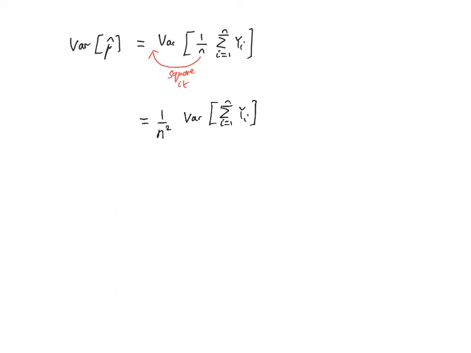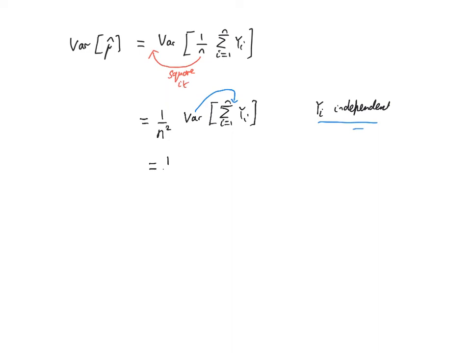And because the yi's are independent, we can pass the variance through the sum. We couldn't do that if the yi's were not independent. So independence is absolutely necessary to allow us to take the variance through the sum.